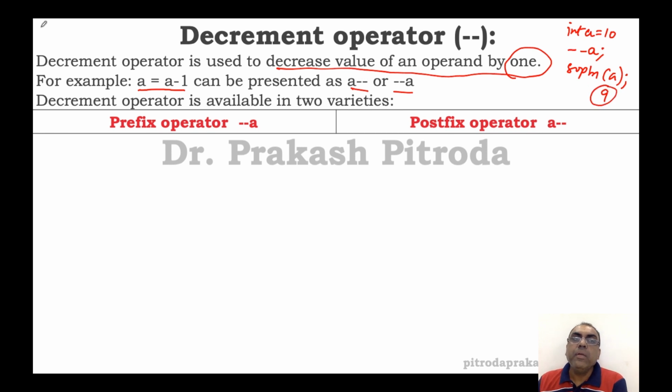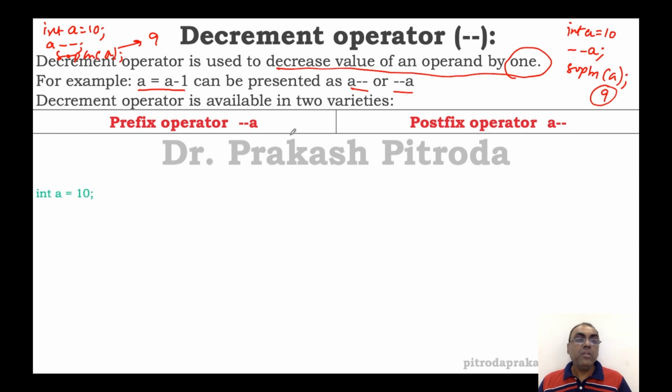At the same time, if I have int A is equal to 10 and I write A minus minus, which is a postfix, and after that I say system.out.println A, then this is still going to give me 9, because it is an independent statement, it will still decrease by 1. In both places they are independent.